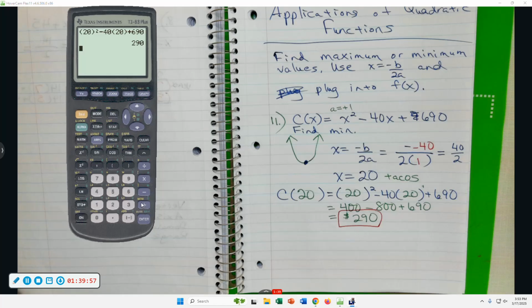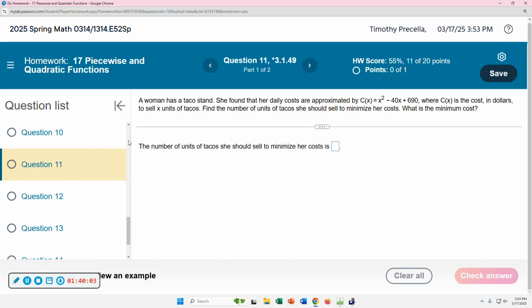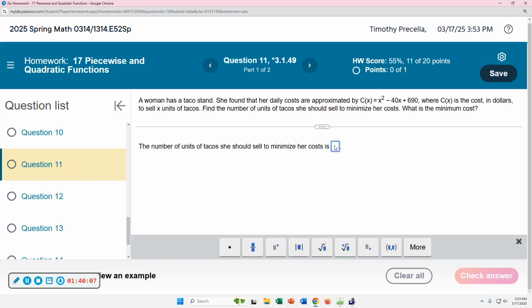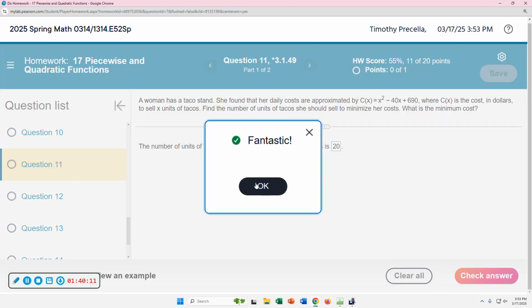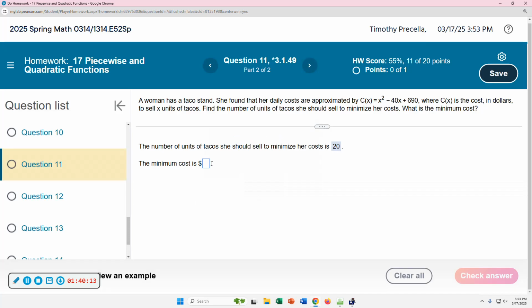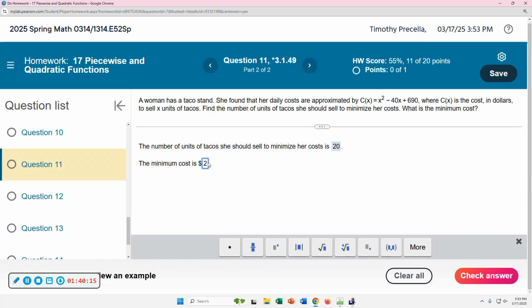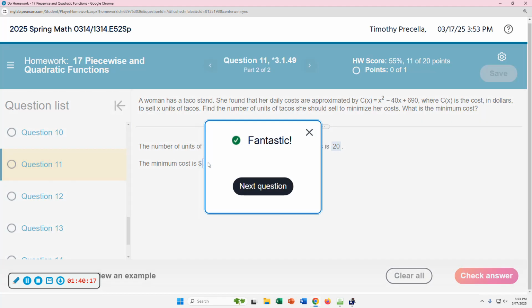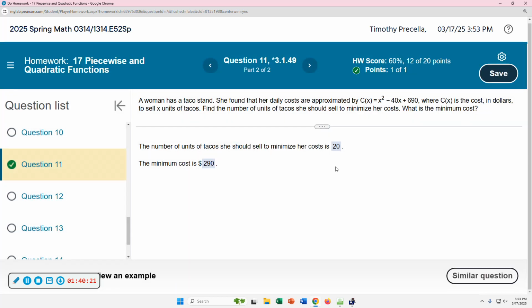Sure enough, it's going to cost her $290 that day to operate her taco stand. The number of units of tacos she should sell is 20. And what is that minimum cost? $290. Any questions there?